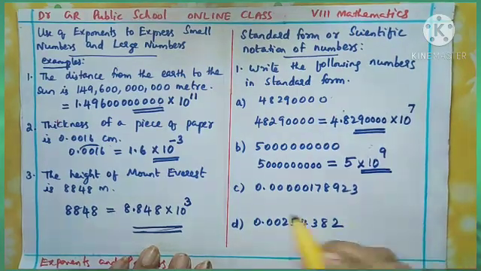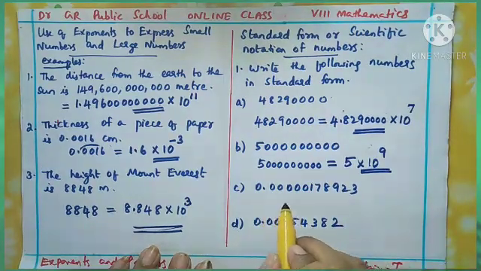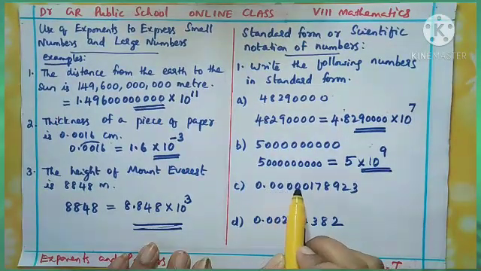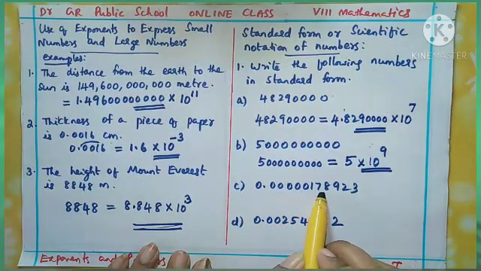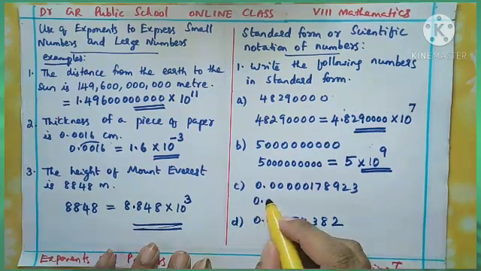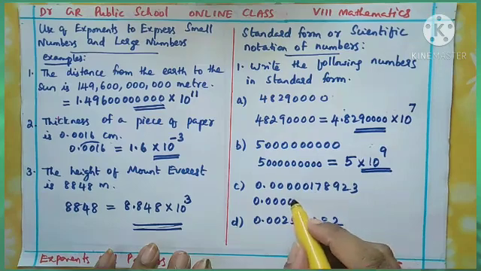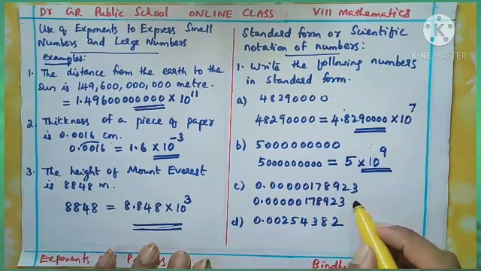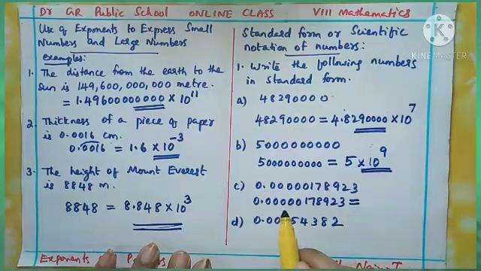Understood? Yes. Now the next question, you see this is a very small number, 0.12345, 5 zeros, 1, 7, 8, 9, 2, 3. So how to write this? When it is a very small number, the power will be negative. Okay. So here first you want to place the decimal after 1.